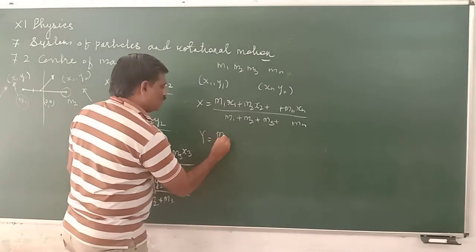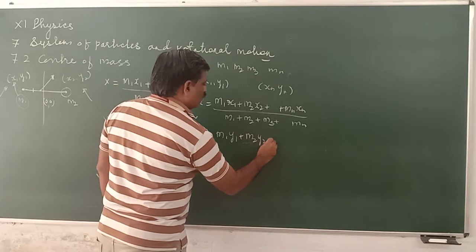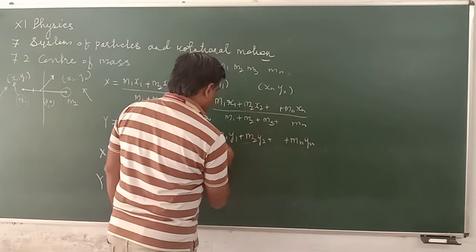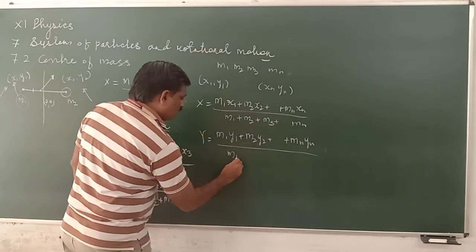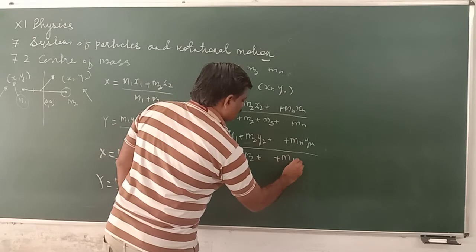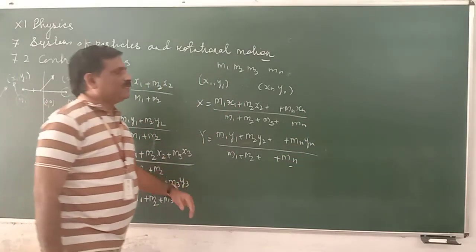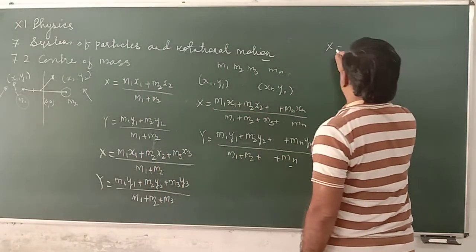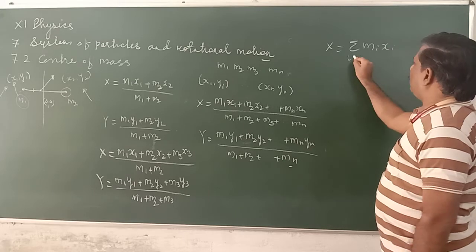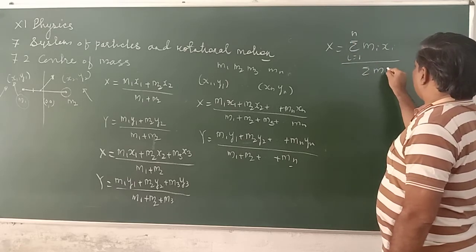Y is m1 y1 plus m2 y2 and so on up to mn yn divided by m1 plus m2 and so on plus mn. This can be written as x equals summation mi xi, i goes from 1 to n, divided by summation mi.